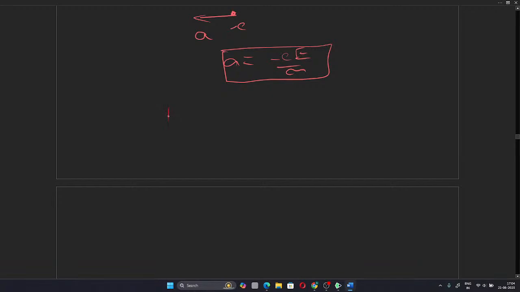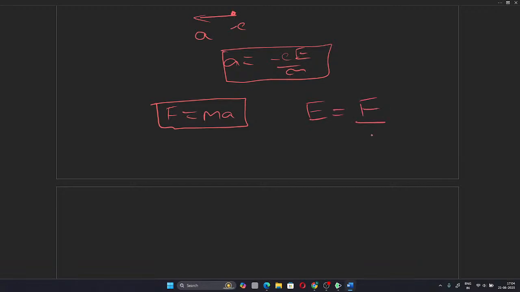According to Newton's second law, force F equals ma, and we know that electric field intensity is force per charge, and force due to an electric field is Q times E. When we equate them, both are force, we will get that ma, mass into acceleration, is equal to Q times E.